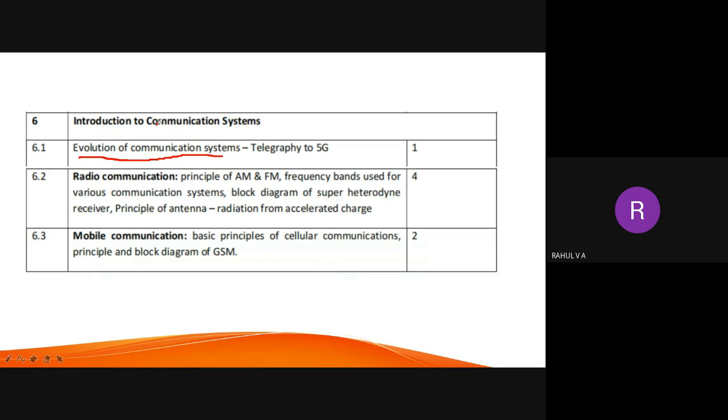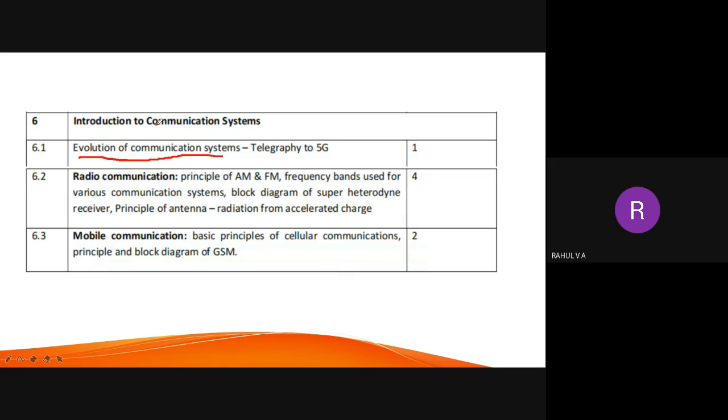First you can write the definition, then which quantity is constant. In amplitude modulation, frequency is constant and only amplitude is varied. In frequency modulation, amplitude is constant. Then you can write about quality: FM has better quality than AM. Then noise, and efficiency: FM is more efficient than AM. Like that you can learn 5 to 6 points.